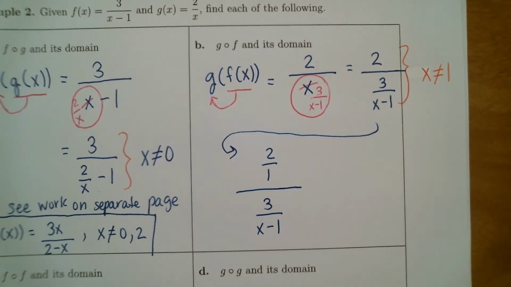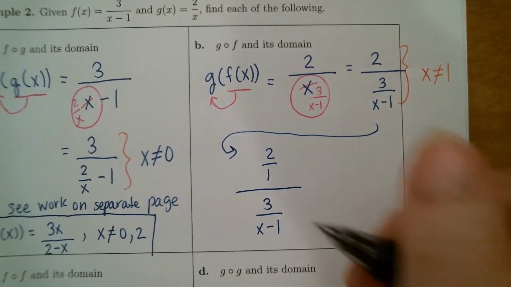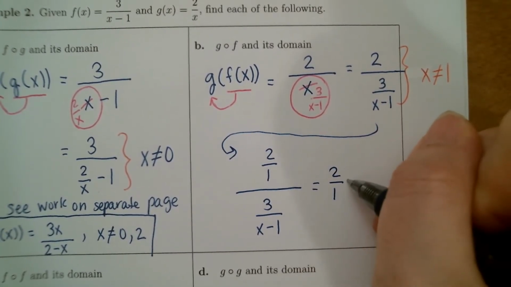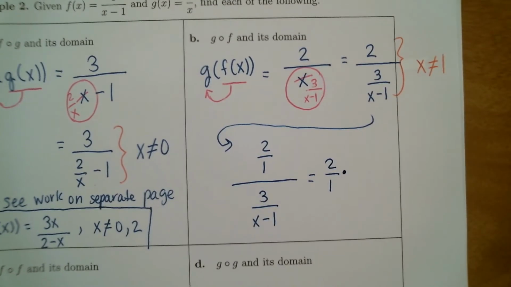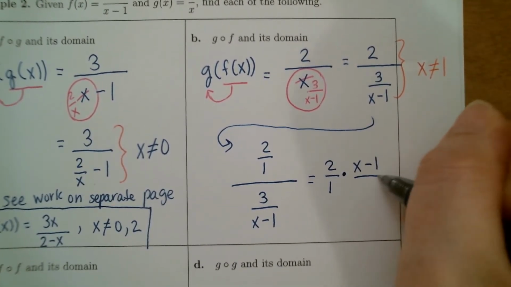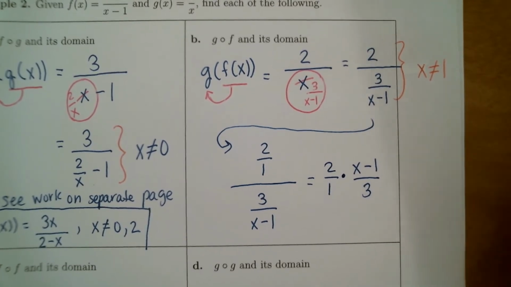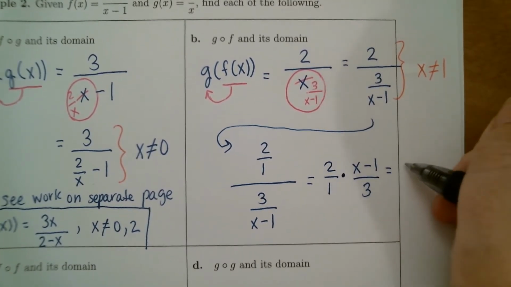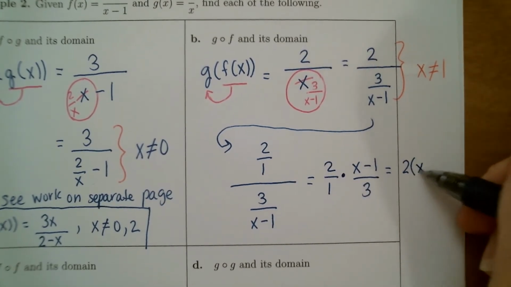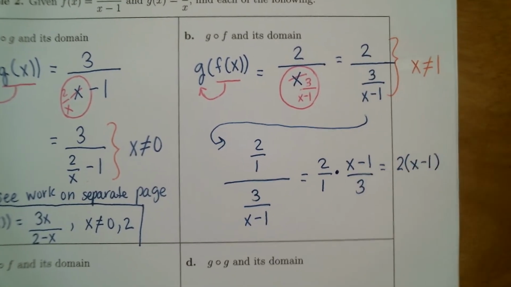Now you can go ahead and divide your fractions. We're going to have 2 over 1, leave the first fraction alone, change division to multiplication, flip the bottom fraction. Now you can multiply across the top. 2 is multiplied by the entire quantity x minus 1, so you need parentheses there.